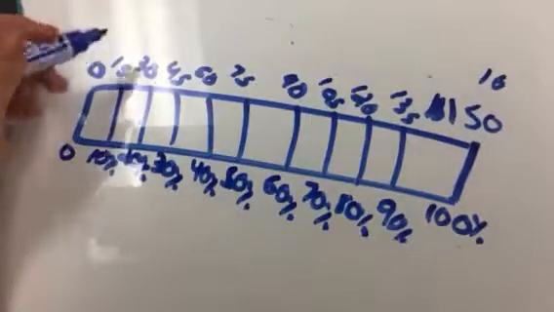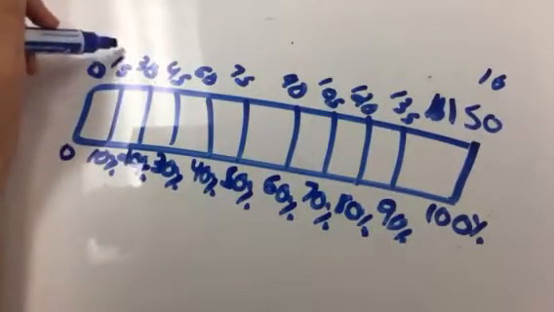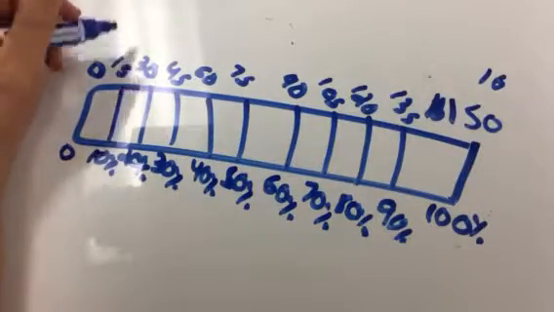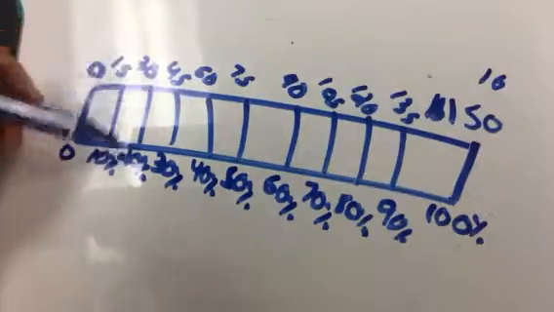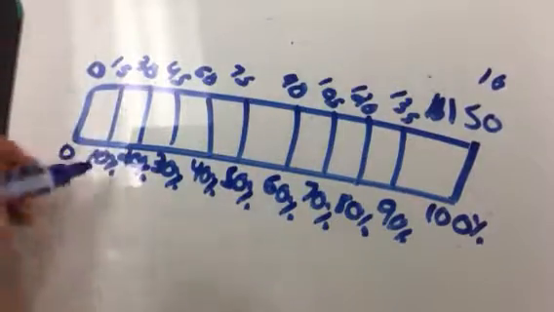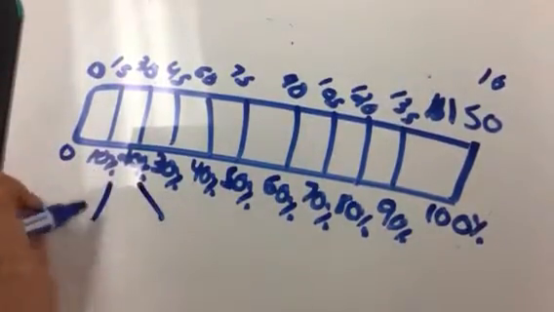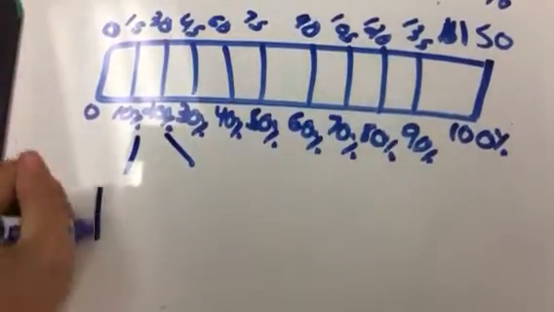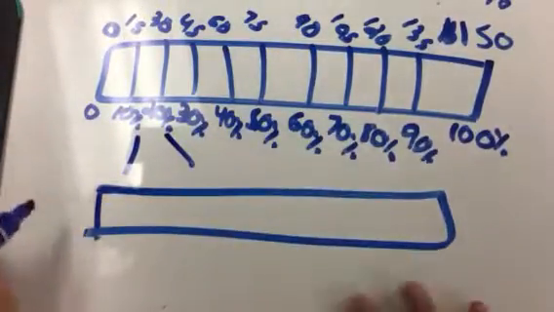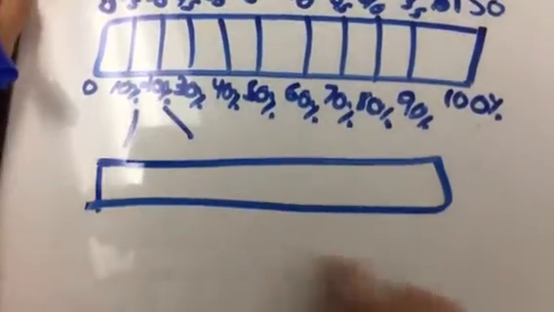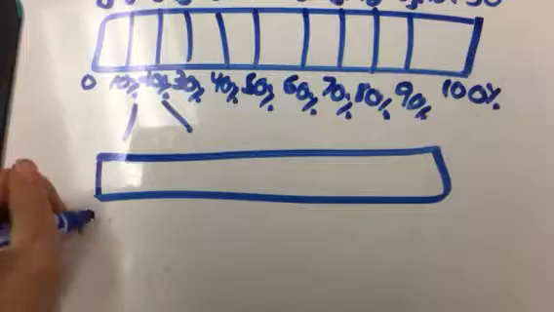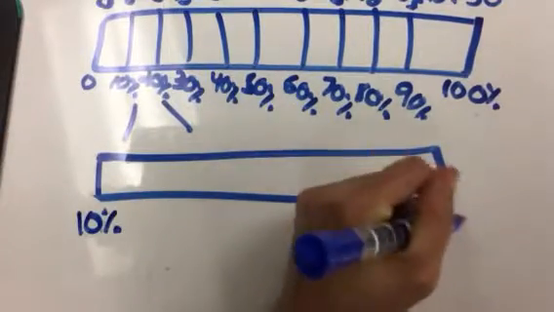We know 16% is going to be somewhere between 15 and 30. And so we can't really find the exact point. So what I'm going to do is basically blow this up to make it larger. What I mean by that is I'm going to make a secondary bar chart and have this be 10% and this be 20%.